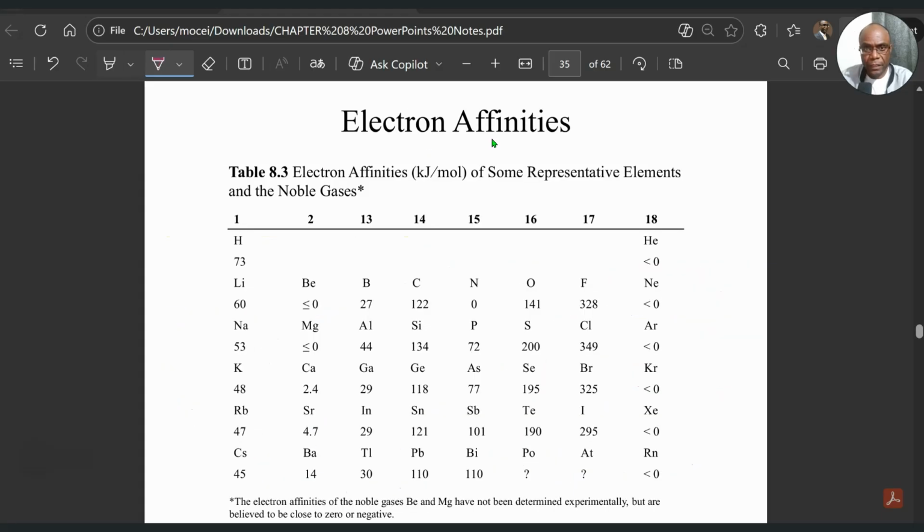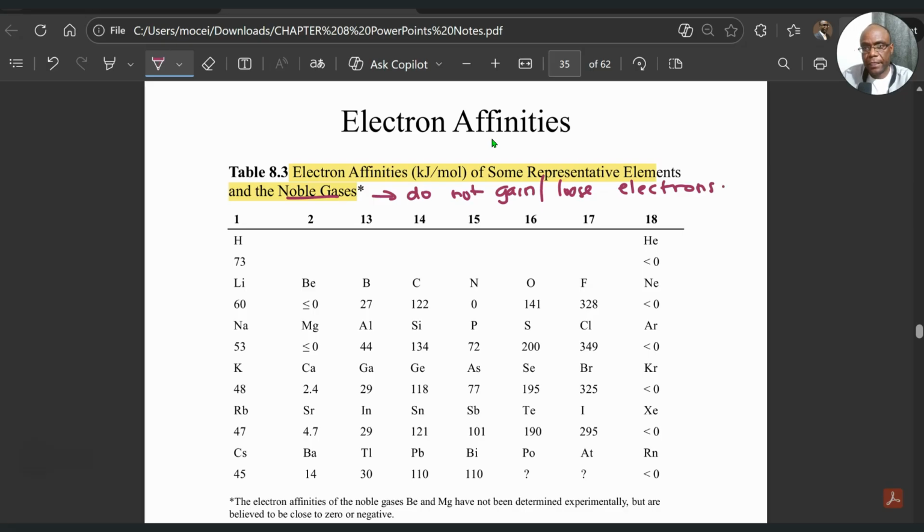And now we are provided a comparison of electron affinities in kilojoules per mole of some elements of the periodic table and some noble gases. One thing you want to know about noble gases is that they do not gain or lose electrons.